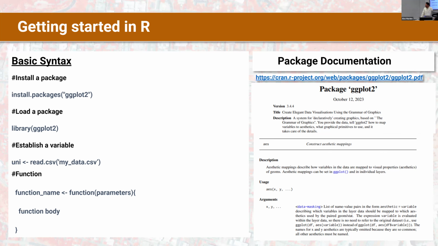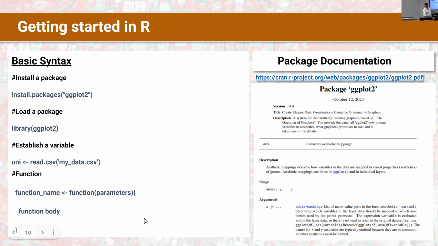And then lastly, functions. R is really built on functions. As I said, install packages, library, read CSV, those are all functions. The way that functions are denoted in R is that whatever parameters are involved are within the parentheses. So here, the parameter for install packages is a package name, ggplot2.